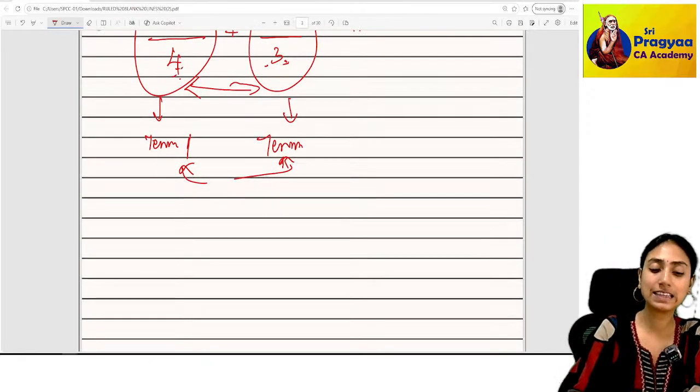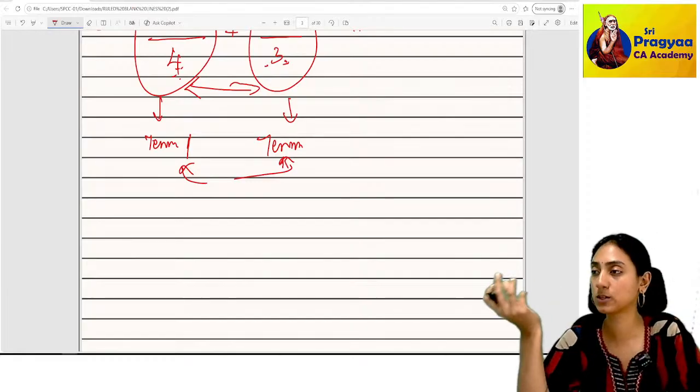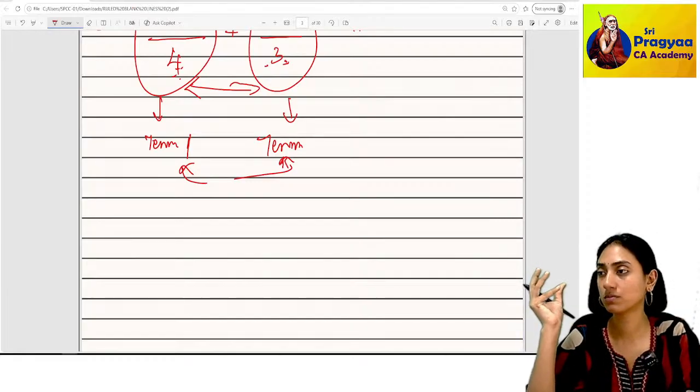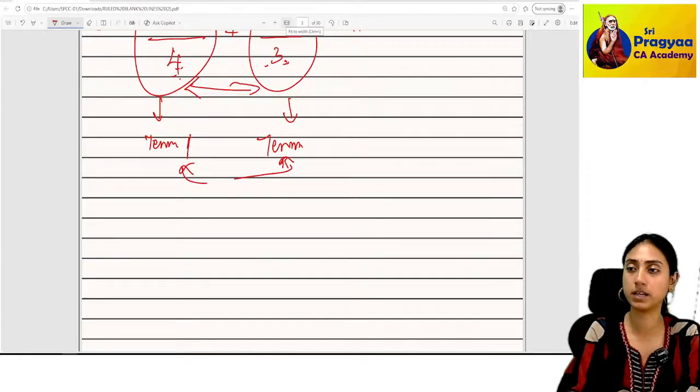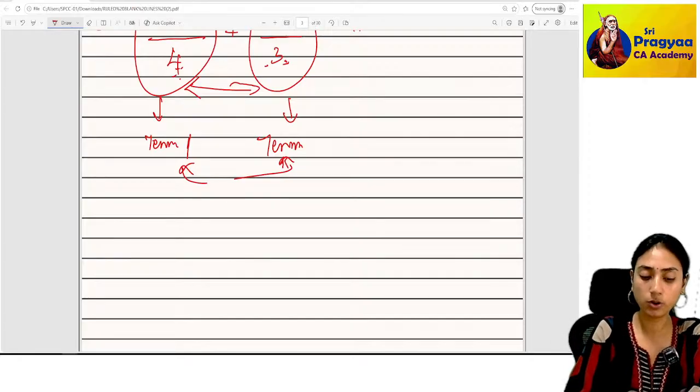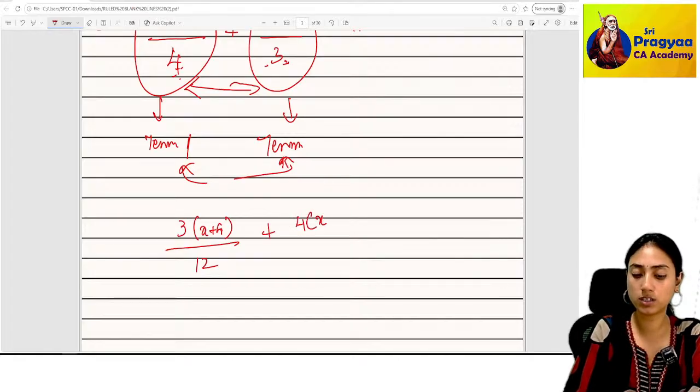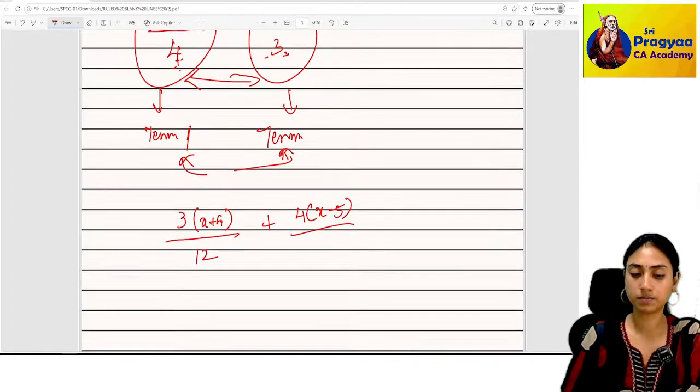Here, since 3 and 4 have no common factors, the least common multiple is 12, the multiplication of both. So you'll have to multiply 3 to the first term and 4 to the second term.